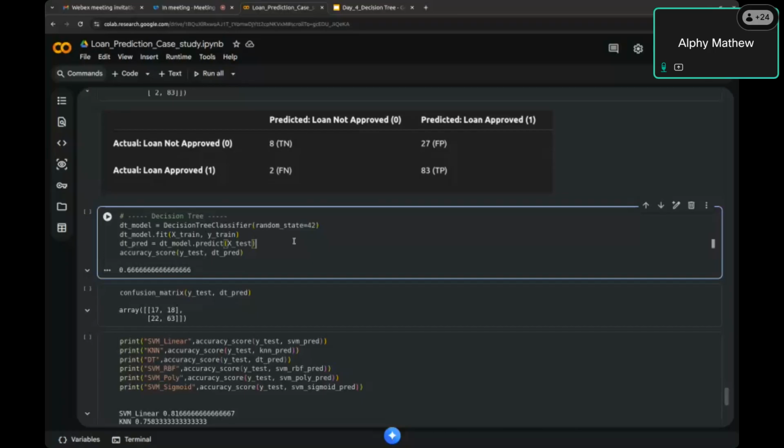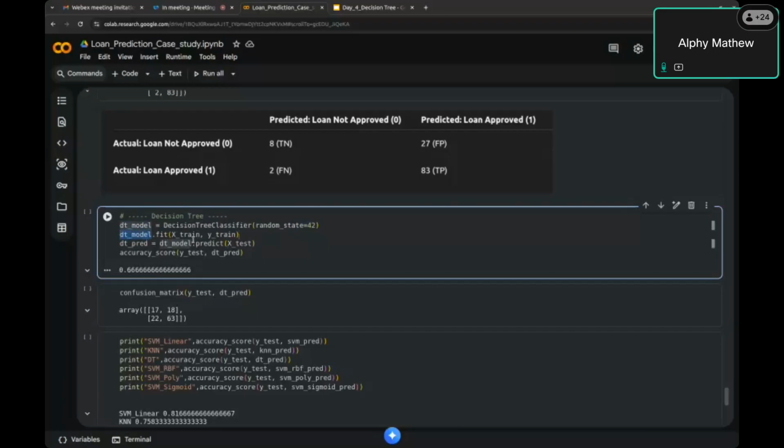Then what we want to do, we need to train the model using the object, using the fit function. We will give our x train and y train there, that is our training data set, and we will be training the decision tree model, and the created tree will be stored in DT underscore model.